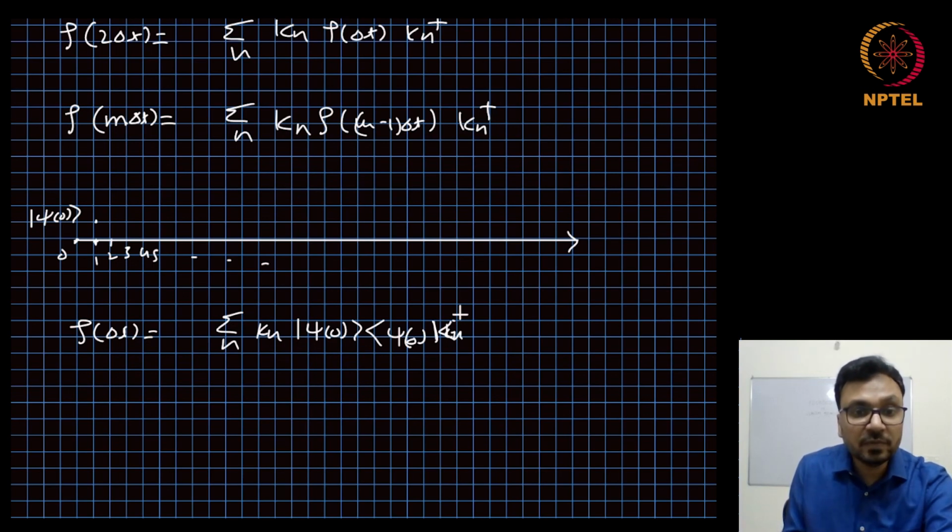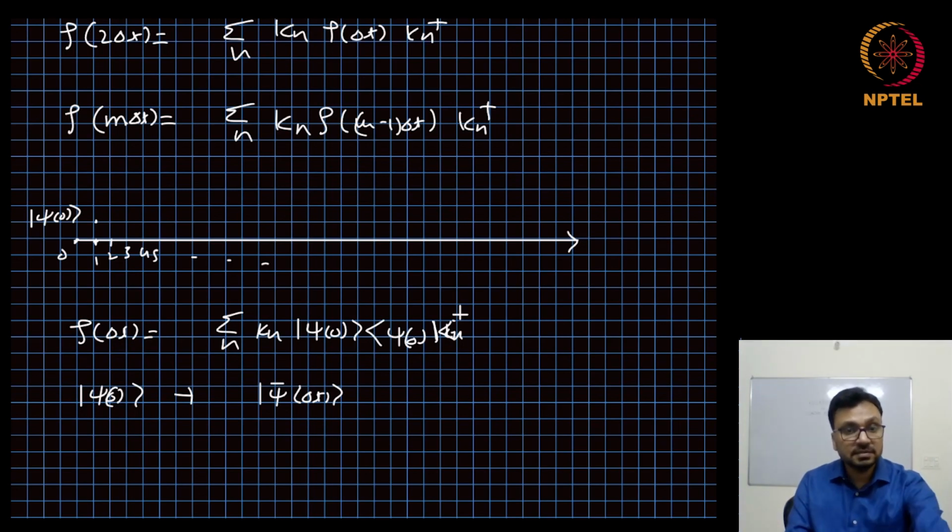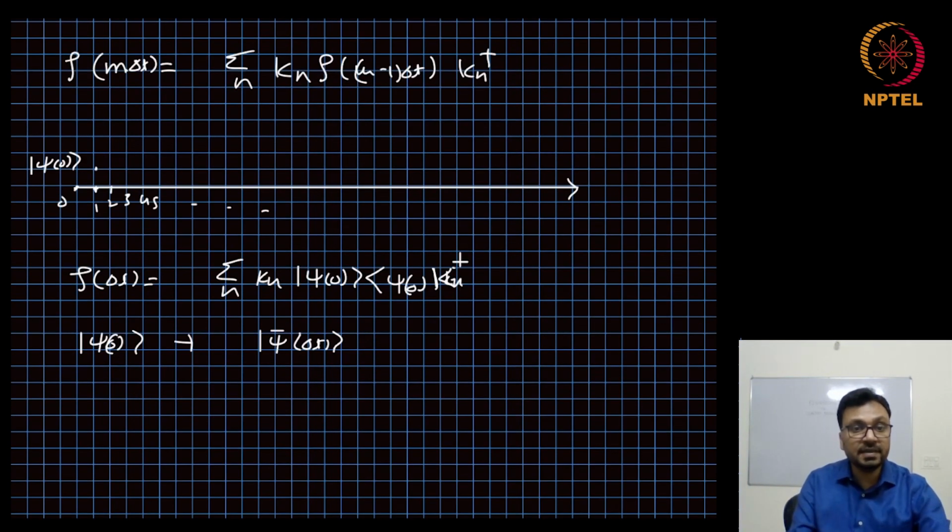But what we can do is say that the psi of 0 pure state goes to another pure state, psi bar of delta t, in this evolution, and this state psi of delta t can be any of the states Kn acting on psi of 0.